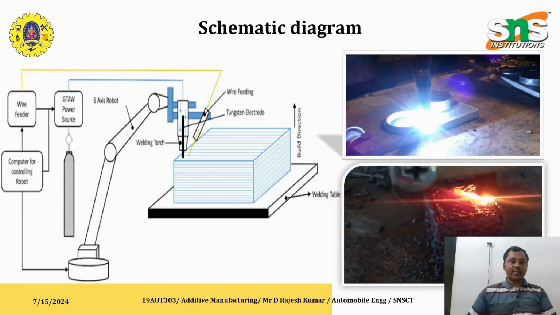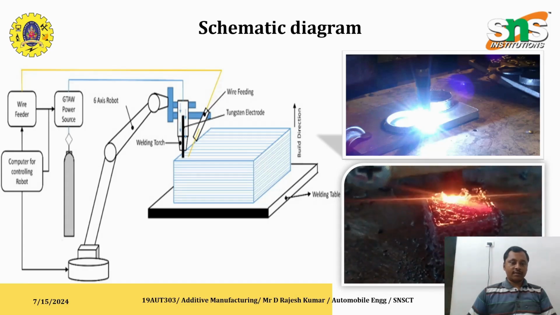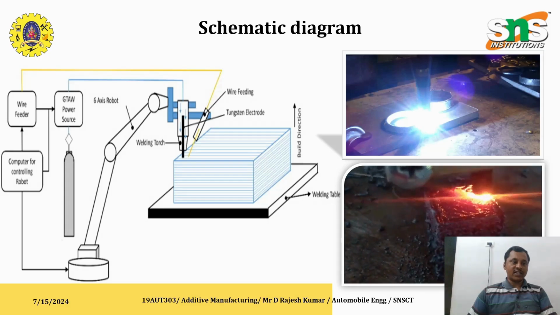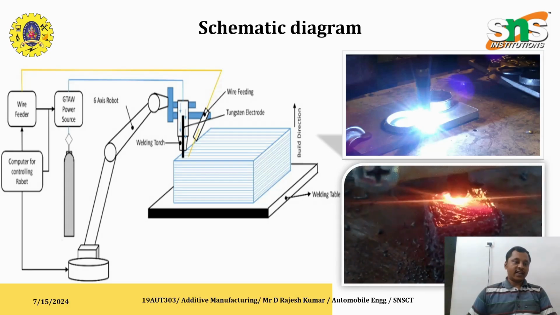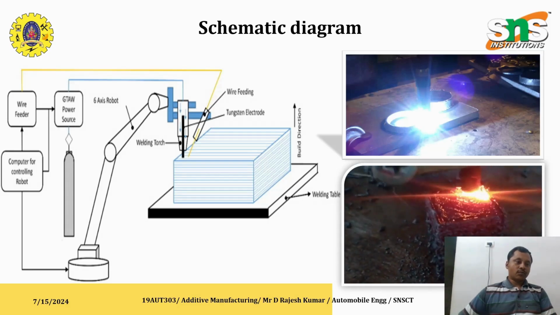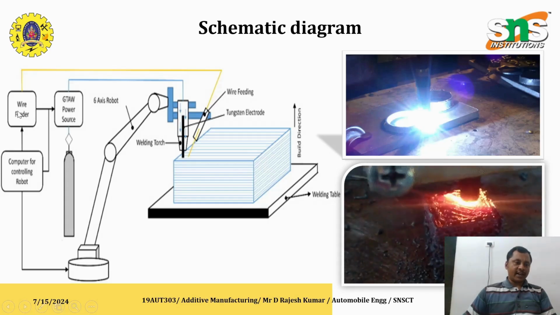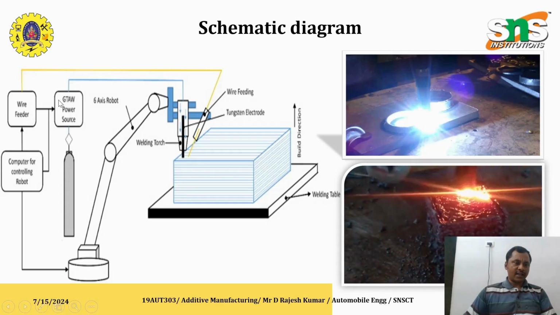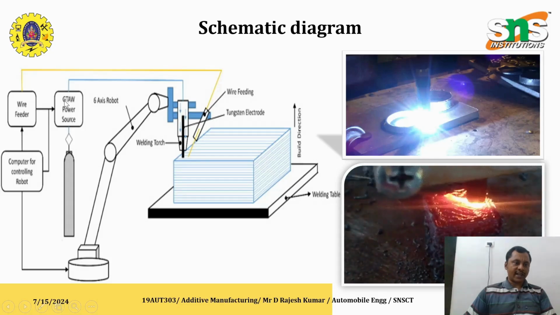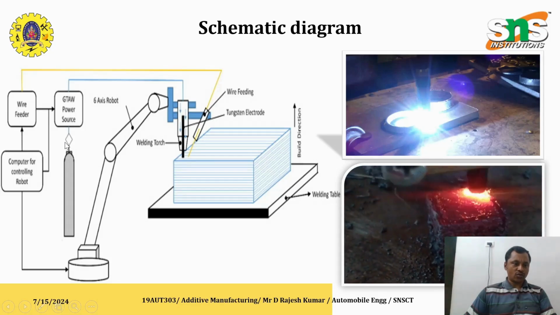So this is the schematic diagram of the wire arc additive manufacturing. If you see the schematic diagram, you can see the computer controlled robot, the wire feeder, that is the raw material, and the next thing is the GTAW source, this gas tungsten arc welding source.